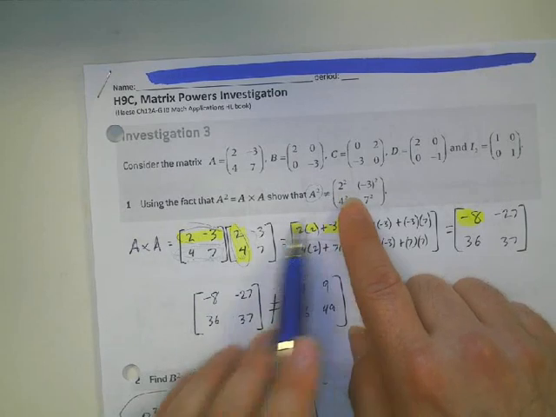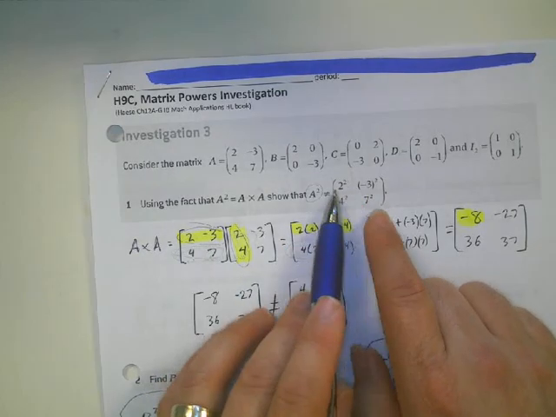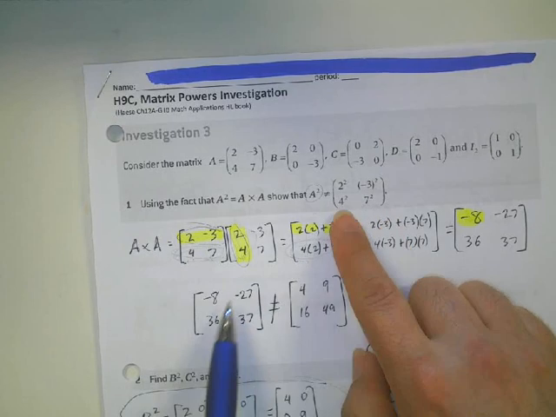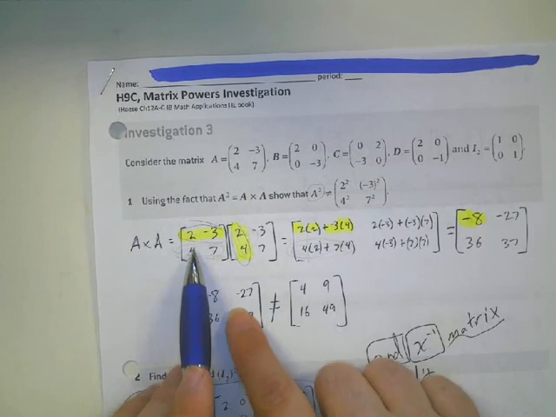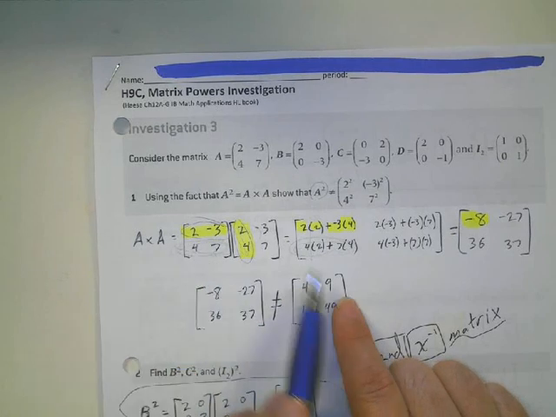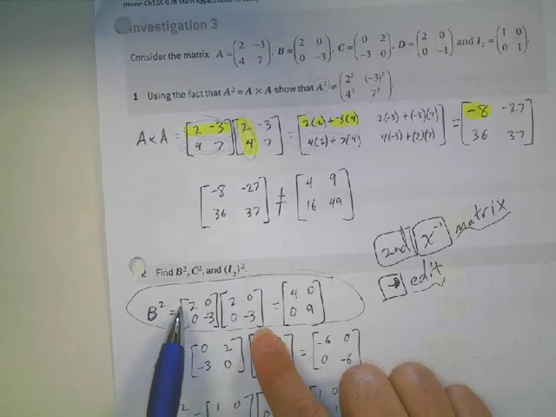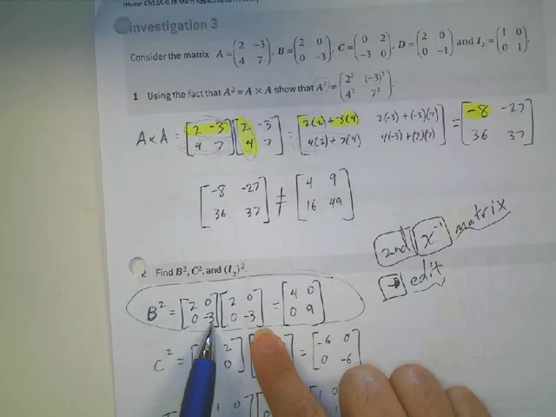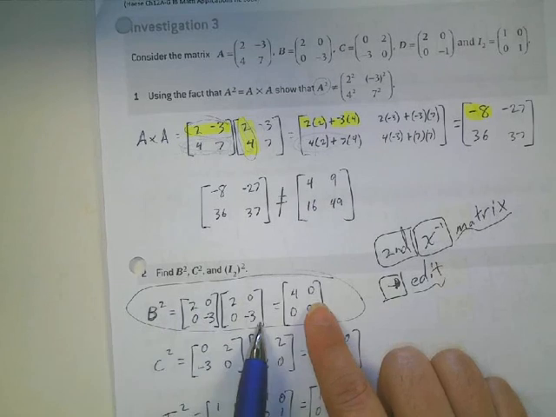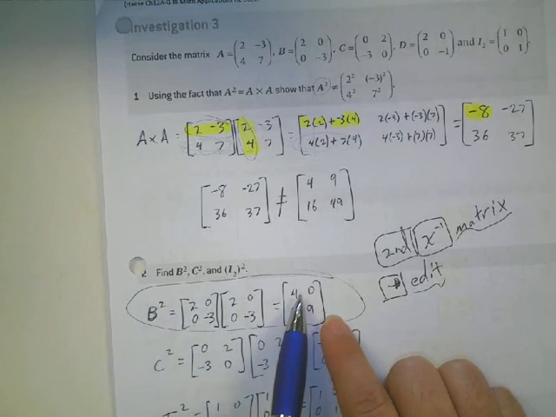Each of these values is not going to be squared like this, right? We're not going to have 2 squared, negative 3 squared, 4 squared, 7 squared. However, it did work when we had 2, 0, 0, negative 3. When we did our matrix multiplication, we got 4, 0, 0, 9.